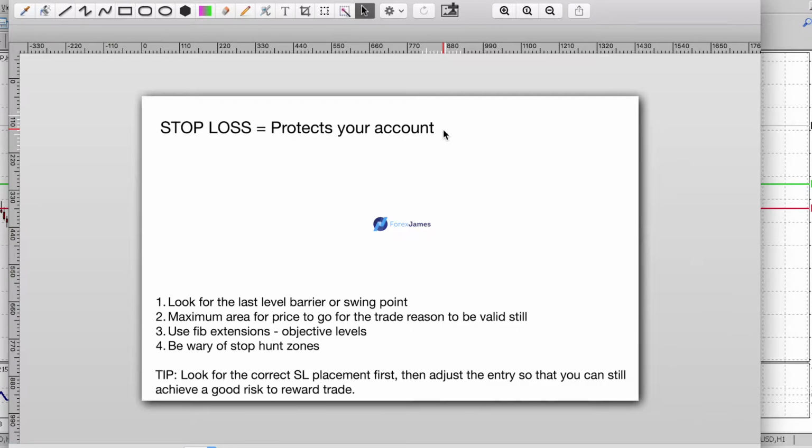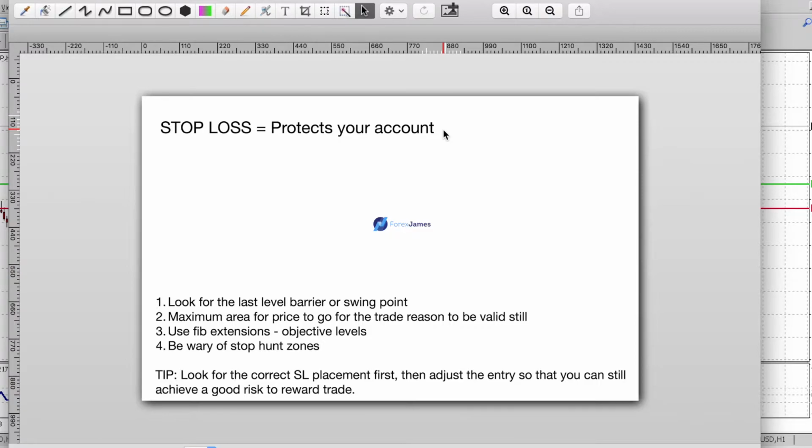Without a stop, you may lose a big portion of the account on one bad losing trade. Hence we use a stop loss at all times to protect our account from any event like a black swan event or any news or uncertainty that may spike in the market.